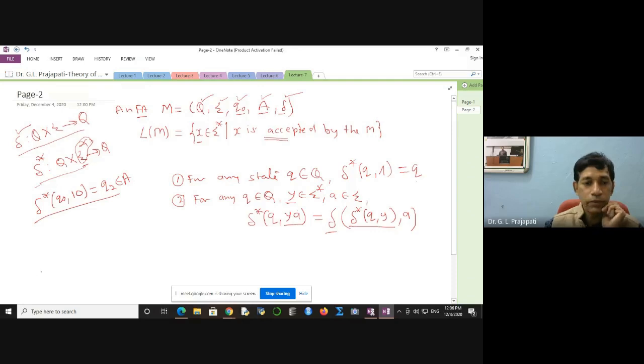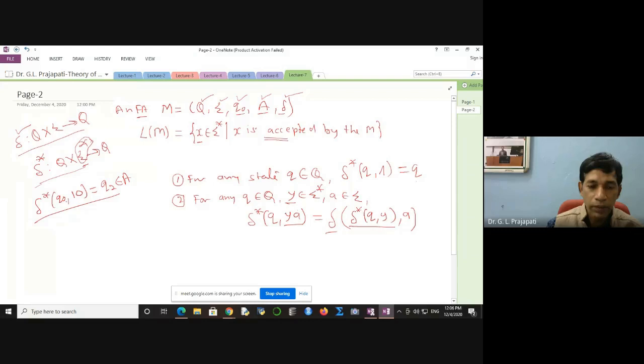This means somebody gives you delta star of q0 and 10, and asks what state your machine moves to. You are at q0, and you know that once you are at q0 and have the null string, you remain in the same state.